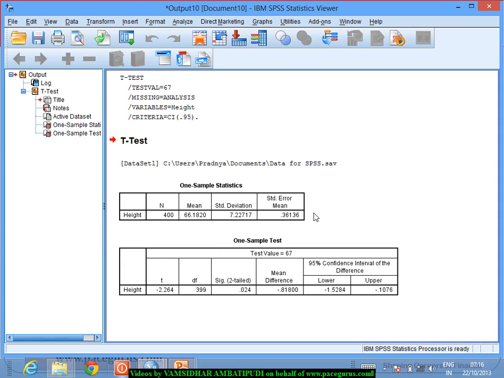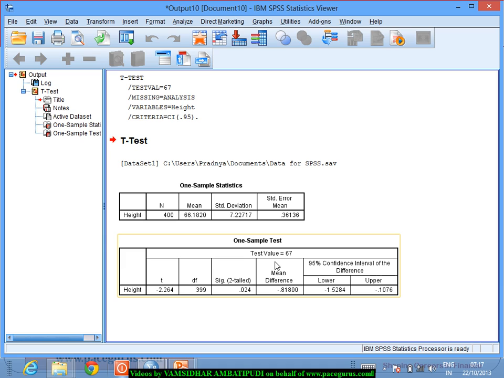Standard error of the mean is useful for determining the 95% or whatever is the confidence interval for the estimate. We'll come to that. So here we are looking at the mean, the standard deviation and the standard error before we get into the conclusion part of it.